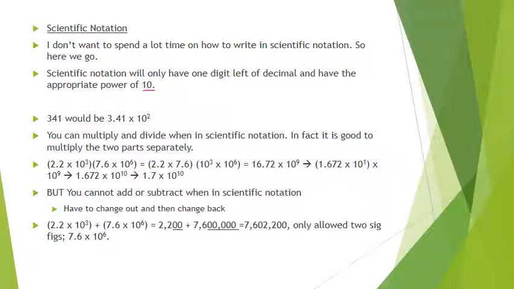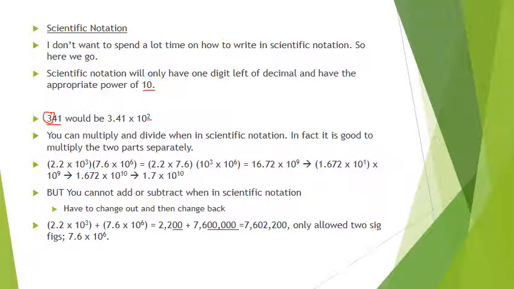Okay, so if you have 341 and you want to change that to scientific notation, only the 3 will be left of the decimal point, and then the 0.41 would be to the right, to the power of 2. Now, I know there's all kinds of ways you count. You count to the right, count to the left. I just think about it. I go, well, 341 is about 100 times 3, so that's power of 2, okay? So 3.41 times 10 to the second.